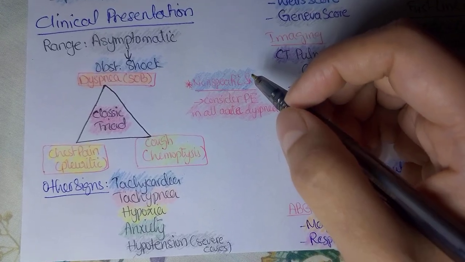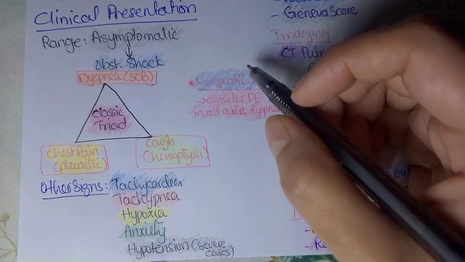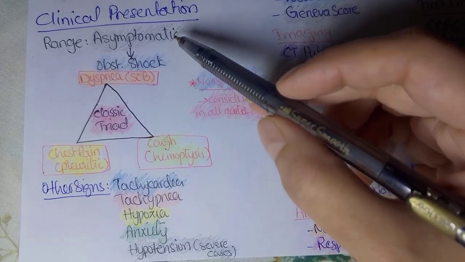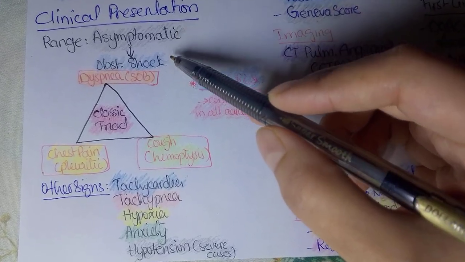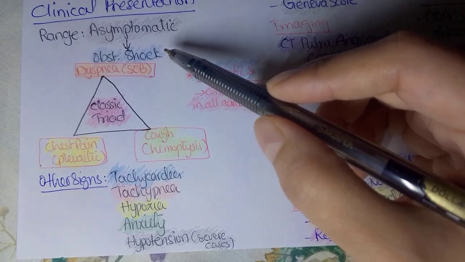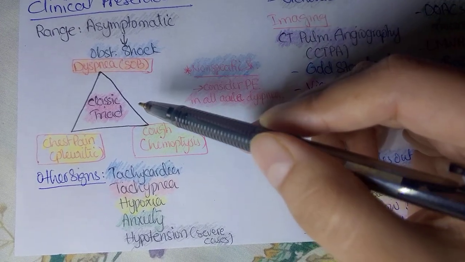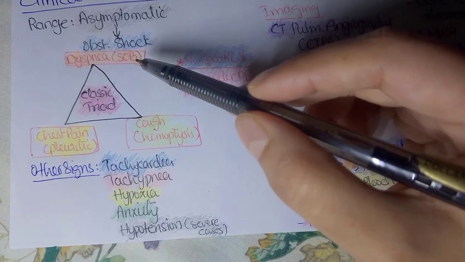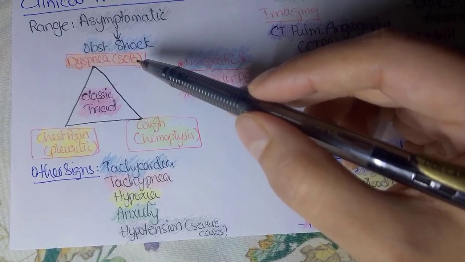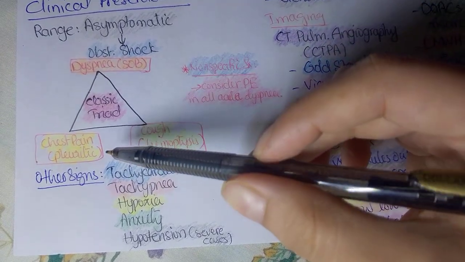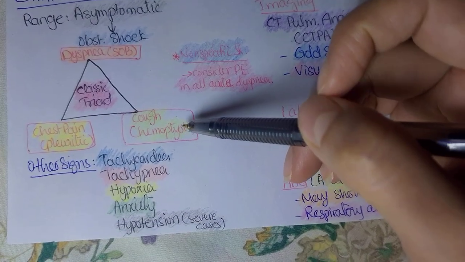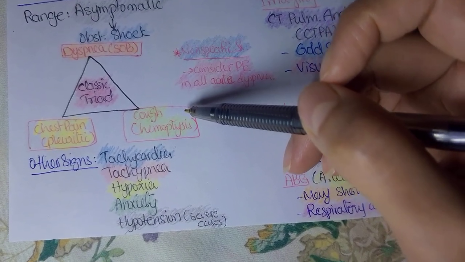Clinical presentation: pulmonary embolism ranges from asymptomatic to obstructive shock. The classic triad would be dyspnea and pleuritic chest pain, and cough with possible hemoptysis.